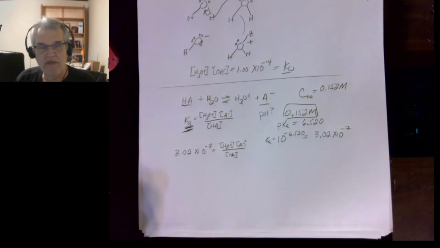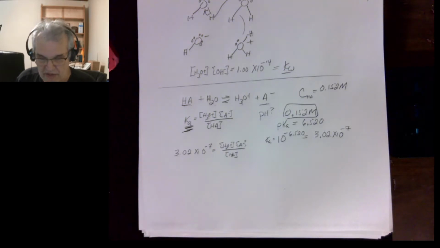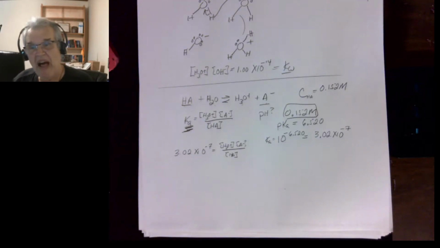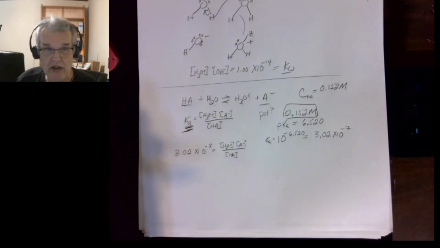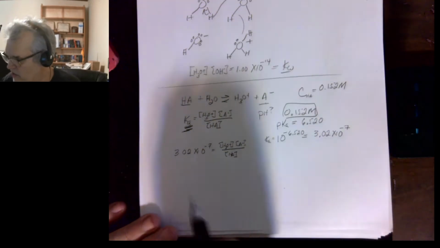I put in 0.152 moles of this thiophenol into 1 liter of water. Even if we don't have a liter, it doesn't make any difference. In this case, it didn't give us a volume, it gave us a molarity, but that implies there would be 0.152 moles if we had a liter of it. That's called the analytical concentration.